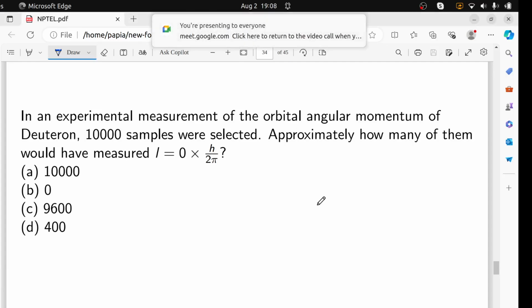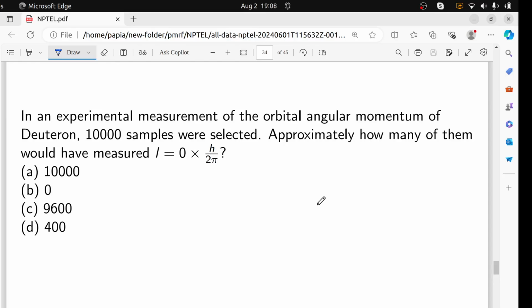The question means that if there are 10,000 samples for any experimental measurement of deuteron, among these 10,000 samples, how many will have orbital angular quantum number as 0 h bar. H by 2 pi is nothing but the unit. Don't bother about these things. So L equals to 0, that is the thing.